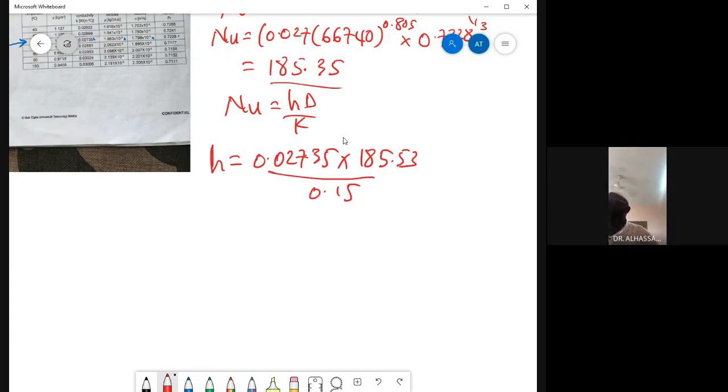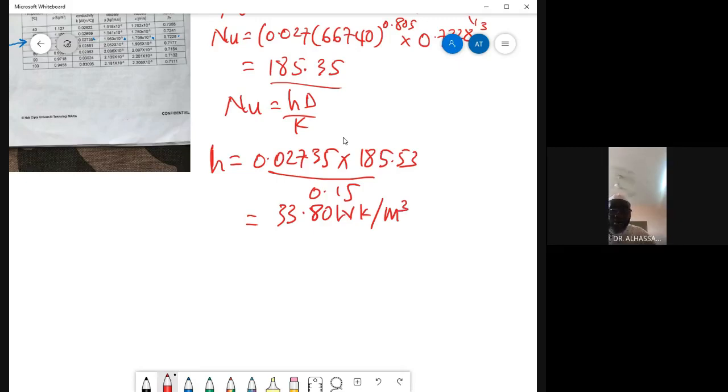And this gives me 33.80 watts per square meter Kelvin.